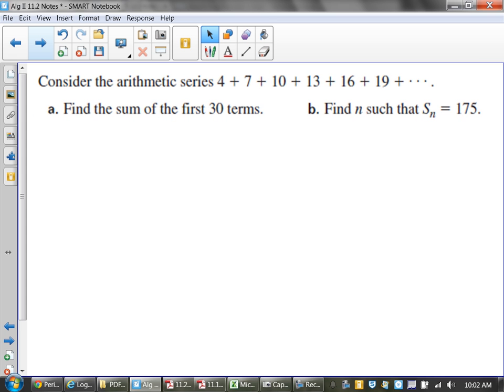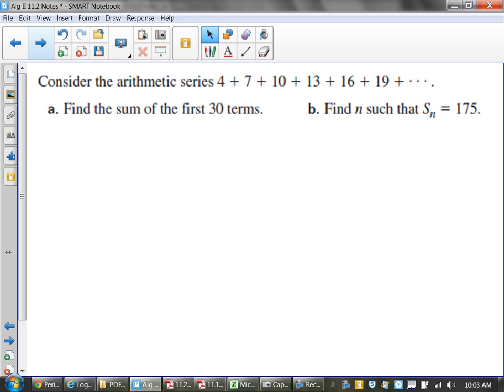What I want to do here is find the sum of the first 30 terms of this arithmetic sequence. And then I want to find how many of them it would take to add up to equal 175. There are 2 parts to this. So the series we have is 4, 7, 10, 13, 16, 19, and so on.